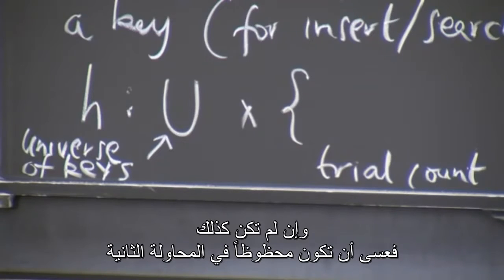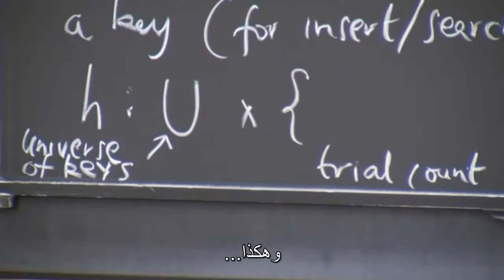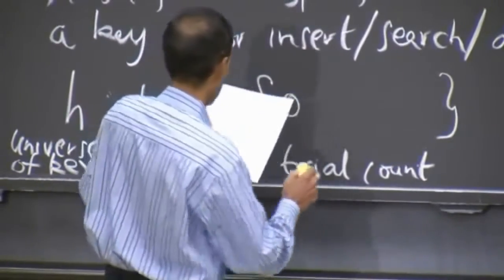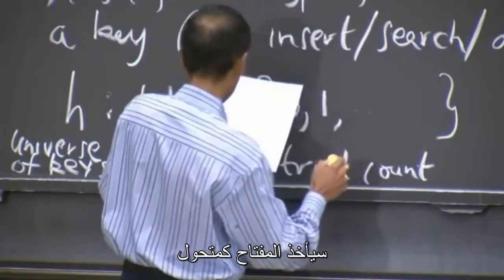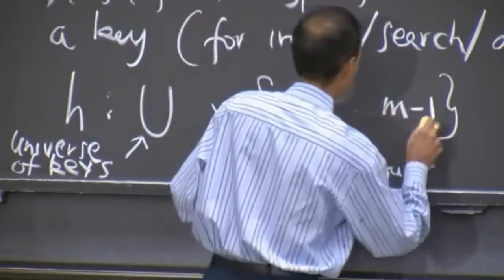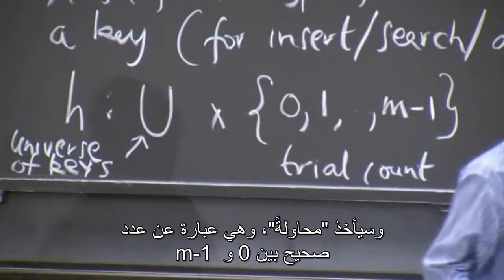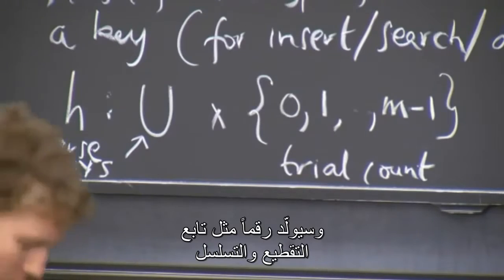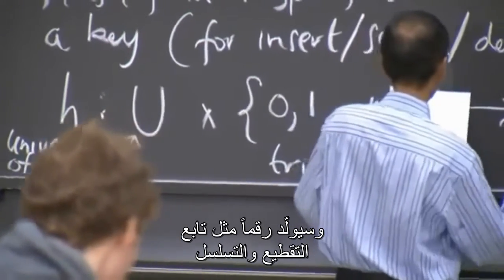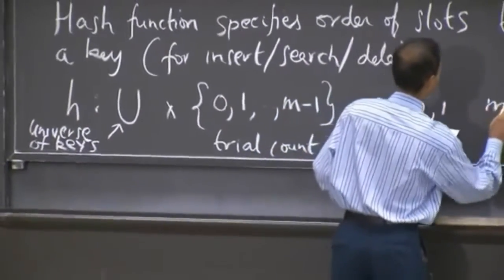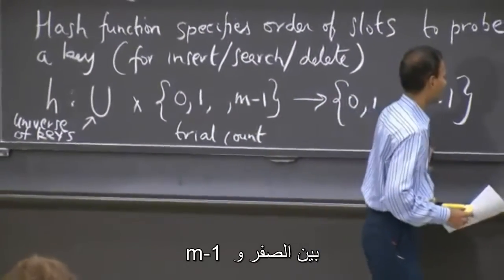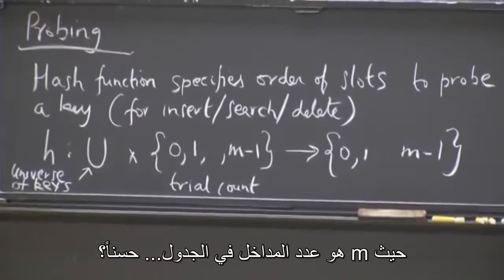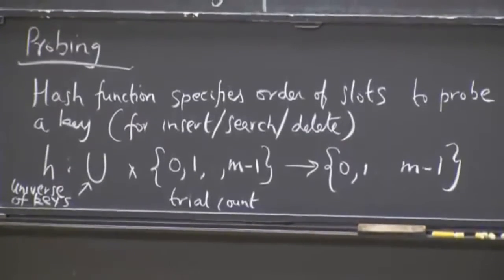And if you're not, you hope to get lucky in your second trial, and so on and so forth. But the hash function is going to take two arguments. It's going to take the key as an argument, and it's going to take a trial, which is an integer between 0 and m minus 1. All right? And it's going to produce, just like the chaining hash functions, a number between 0 and m minus 1, where m is the number of slots in the table. All right? So that's the story.